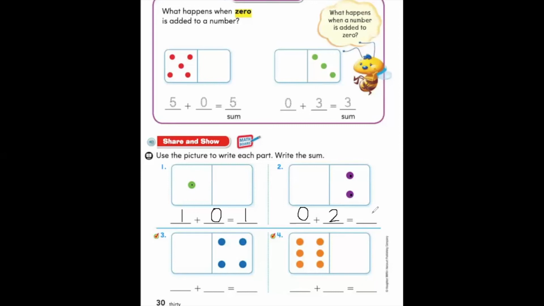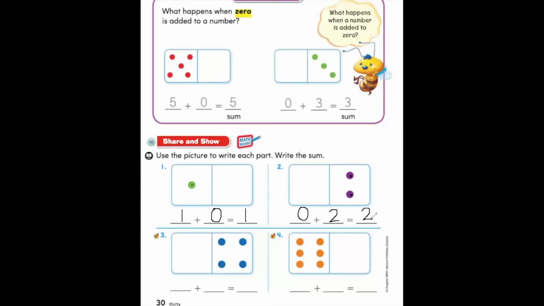well, remember that any number added to 0 is still that number. That means our sum will still be this number, which is 2. Our sum is 2. Our addition sentence says 0 plus 2 equals 2.